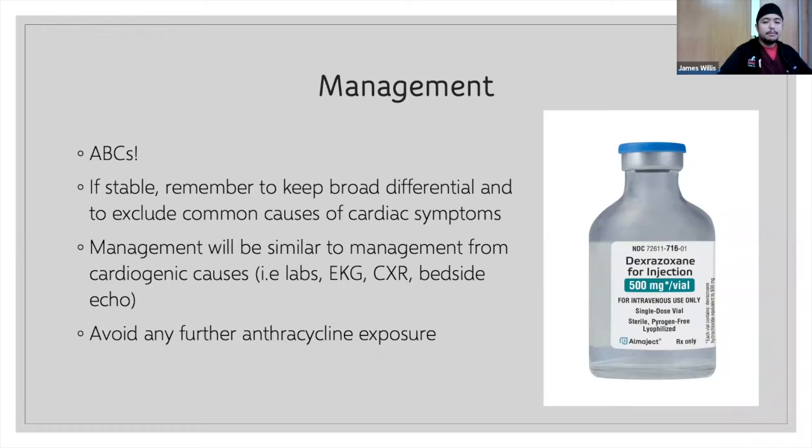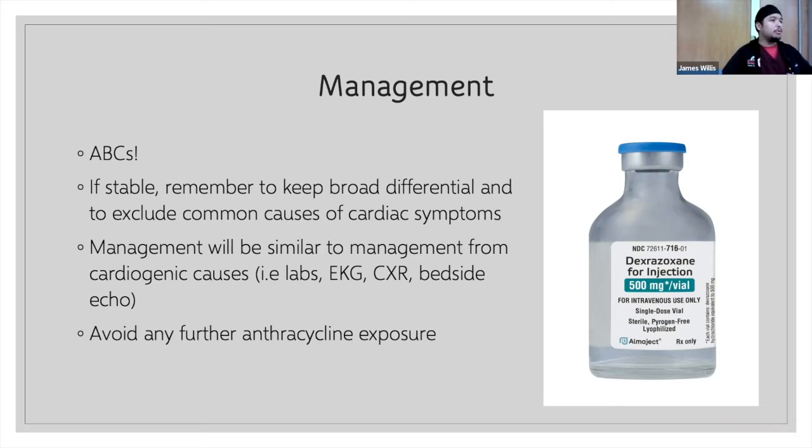One thing to keep in mind, though this is not something we would usually give in the emergency room, is that dexrazoxane is a drug that some of these patients might also be on. Essentially it works by inhibiting some of the free radicals that doxorubicin causes, and is usually given to patients who are chronically on doxorubicin as a preventative measure.